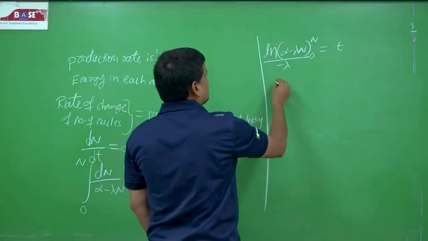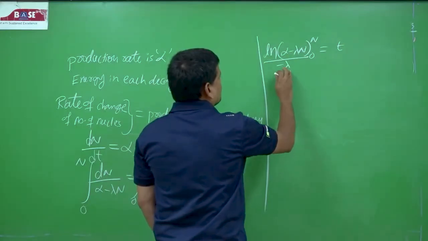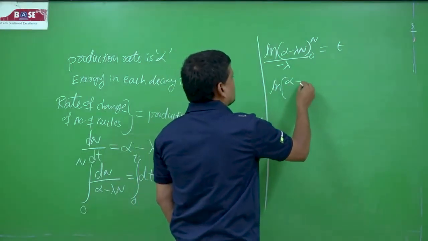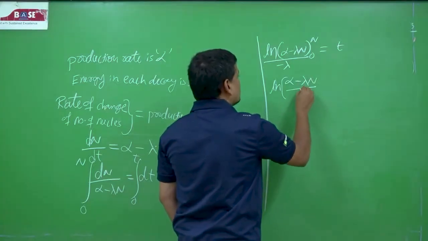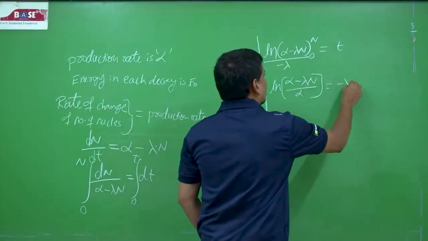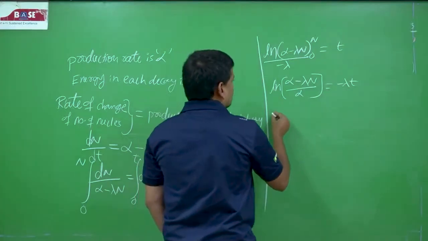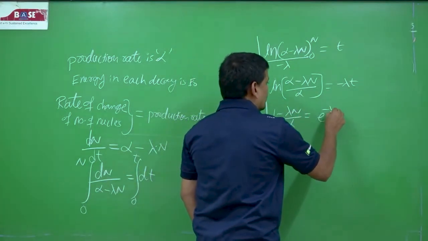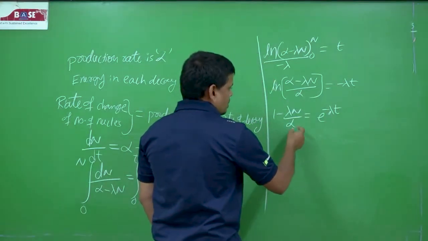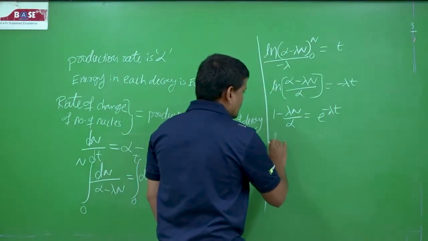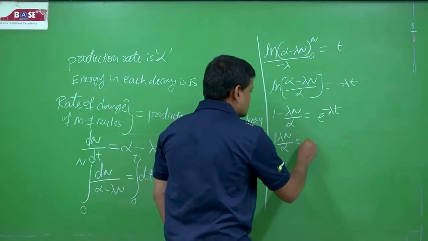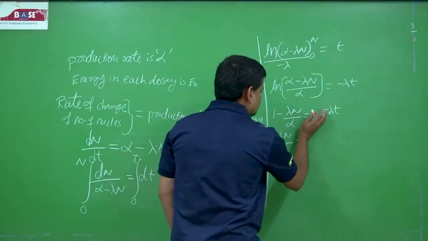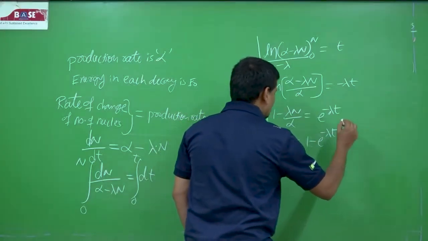If I substitute the limits and send minus lambda to the other side, I get ln of (alpha minus lambda N) upon alpha equals minus lambda t, so 1 minus lambda N by alpha equals e to the power minus lambda t, and lambda N by alpha equals 1 minus e to the power minus lambda t.